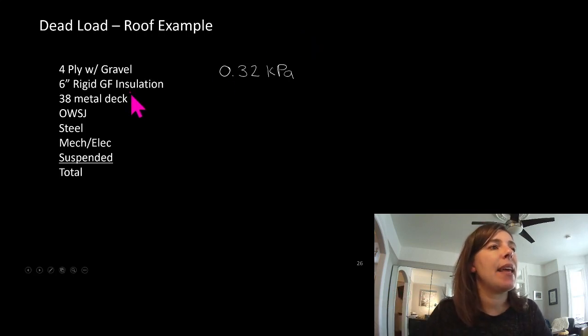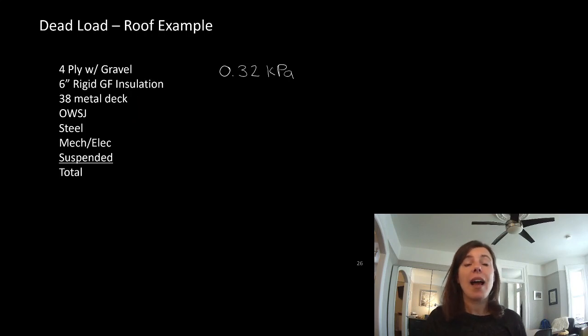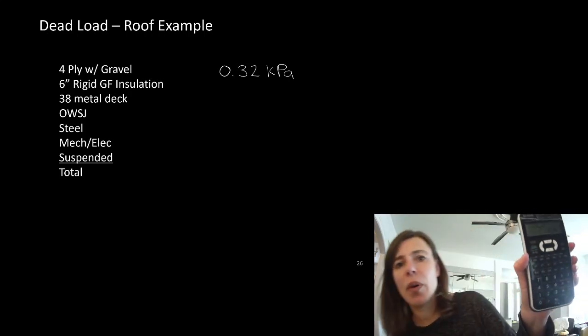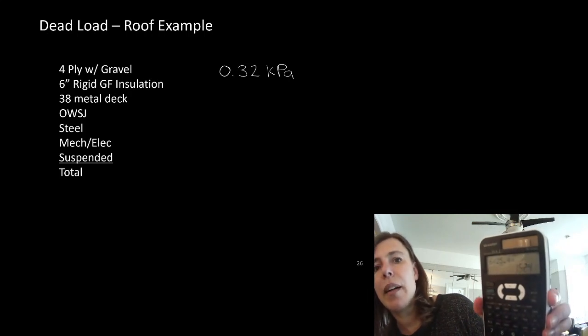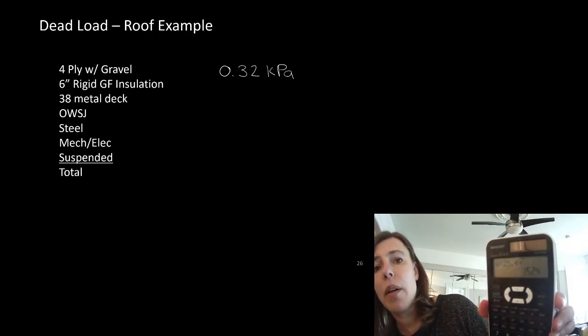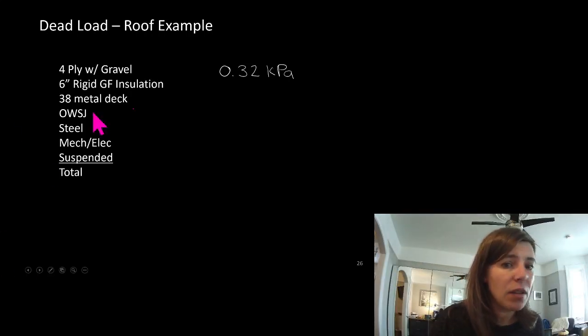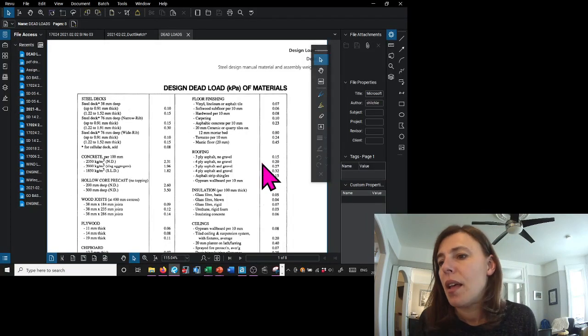The next thing is 6 inches of rigid glass fiber insulation. Now, 6 inches is close to 150 millimeters, or if you want to get very specific, 6 times 25.4, which is 152.4 millimeters. So let's take a look at this.